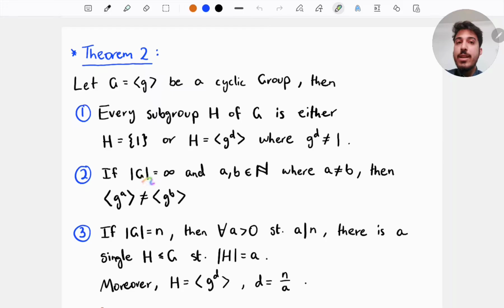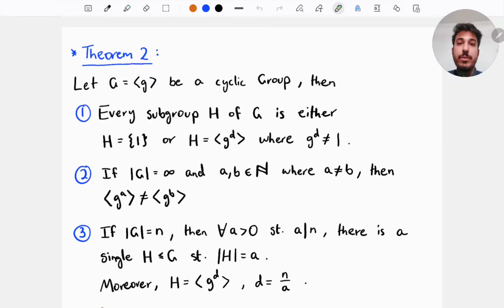The second result says that if G has infinite order and a and b are two distinct natural numbers, then the group generated by g to the a is not equal to the group generated by g to the b. Thirdly, if G is a finite group with order n, then for all positive integers a that divide n, we have a single subgroup H such that the order of H is equal to a, and moreover, H is equal to the group generated by g to the d, where d is equal to n over a.